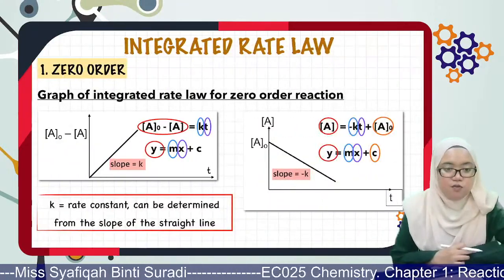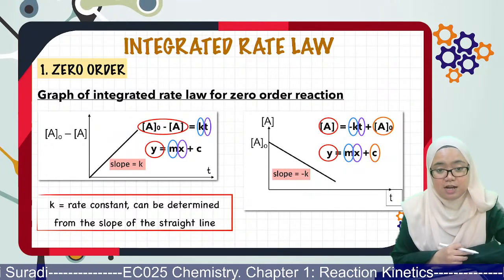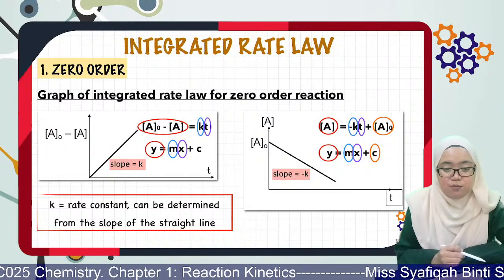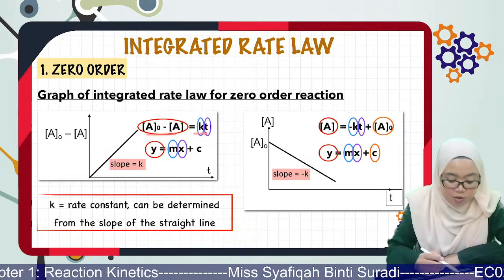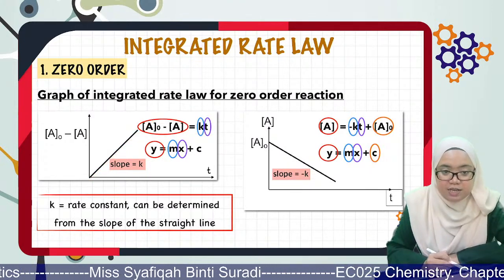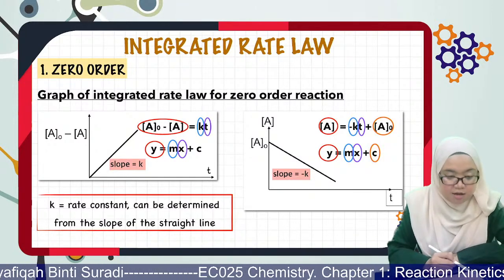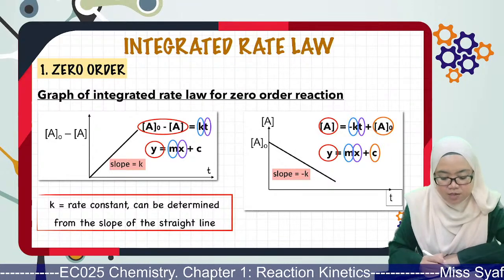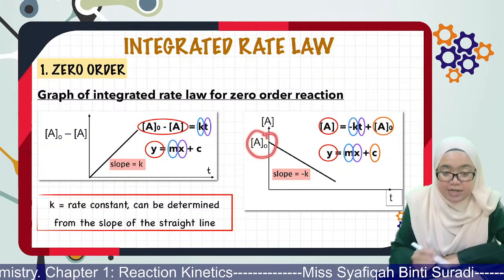So graf untuk zero order punya integrated rate law adalah ada dua. Satu yang awak ambil directly from the integrated rate law tadi, which is A0 minus A equals to KT. So awak akan dapat graph straight line yang passing through origin. So you will get the positive slope lah. So you boleh cari dia punya K, which is rate constant, by finding the gradient of the slope lah. Okay, and then lagi satu, you akan dapat graph yang ada y-intercept dekat sini.